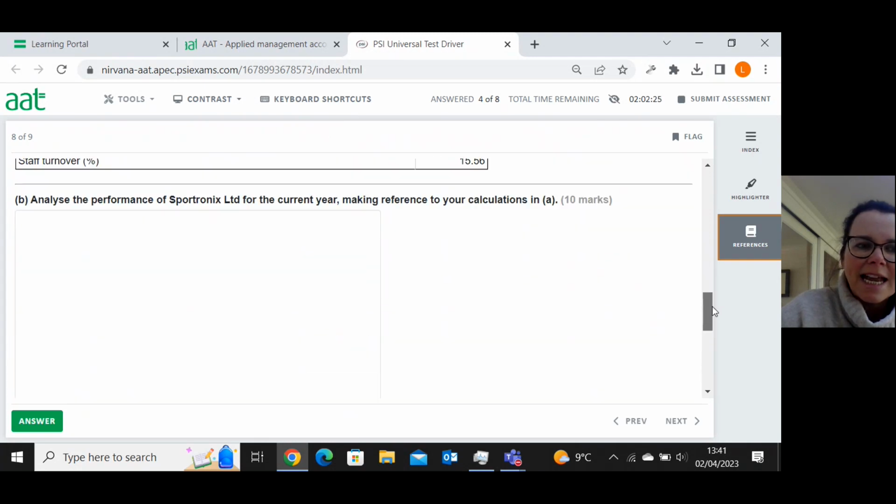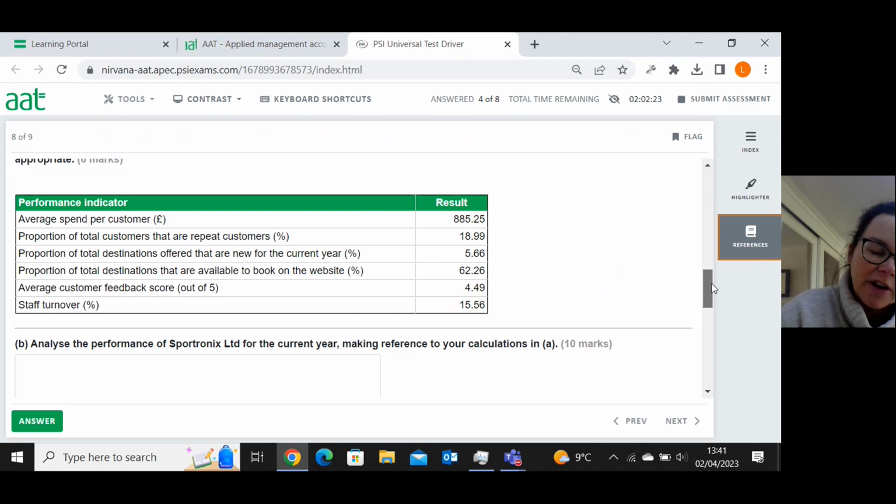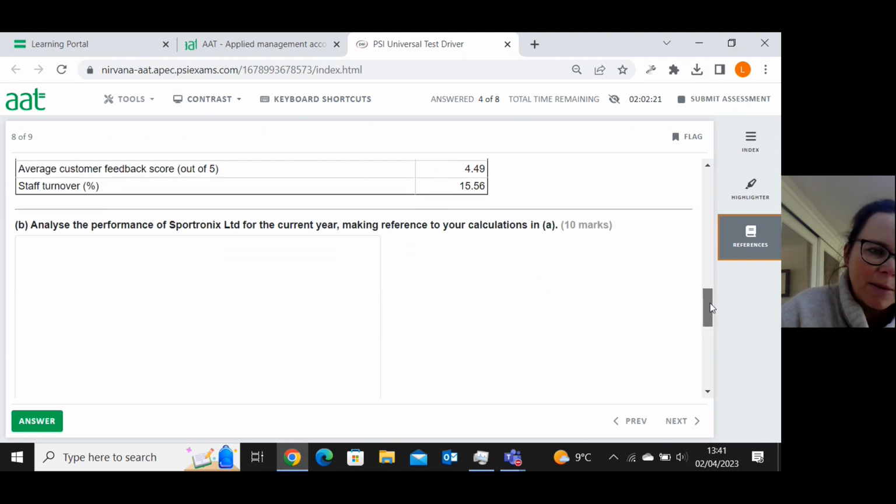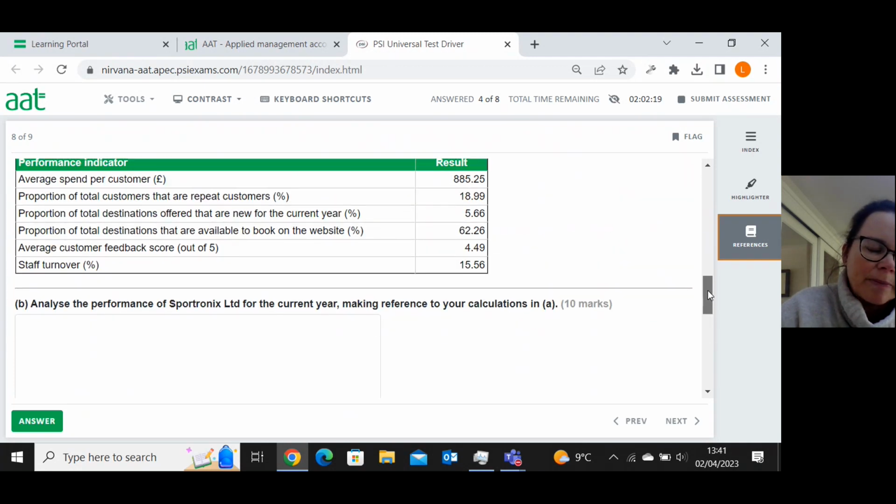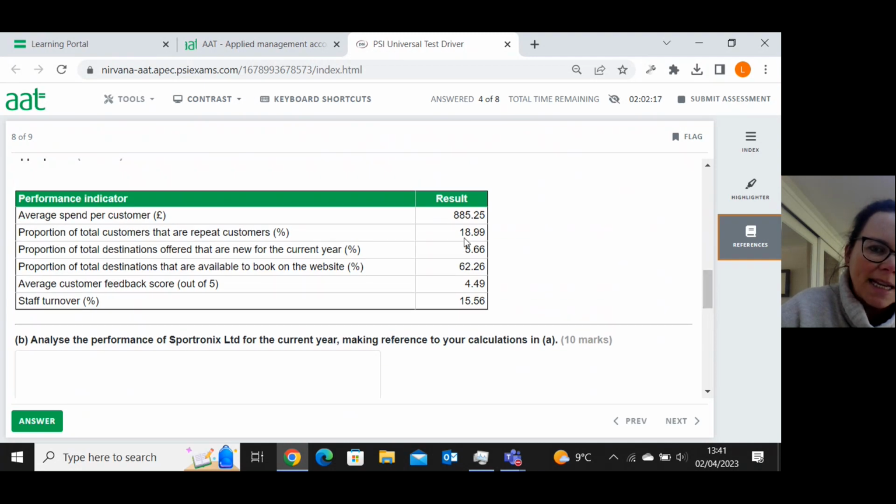You have then got a 10-mark question. The first AAT sample assessment was very similar: a big analyse the performance based on some key performance indicators. Hardly any of these are our typical financial ratios that we like to churn out.